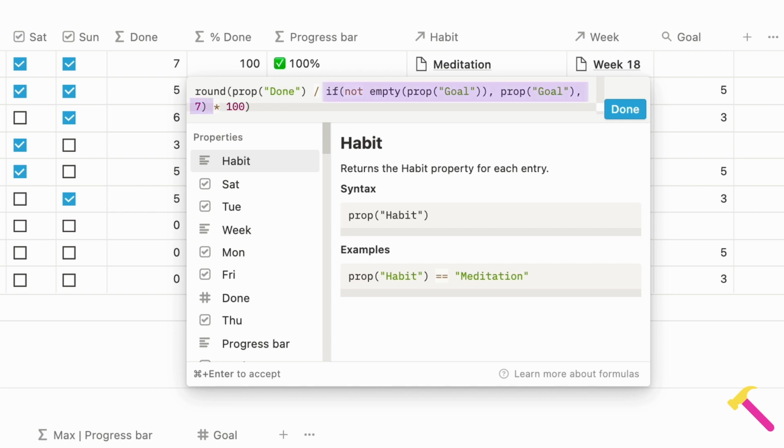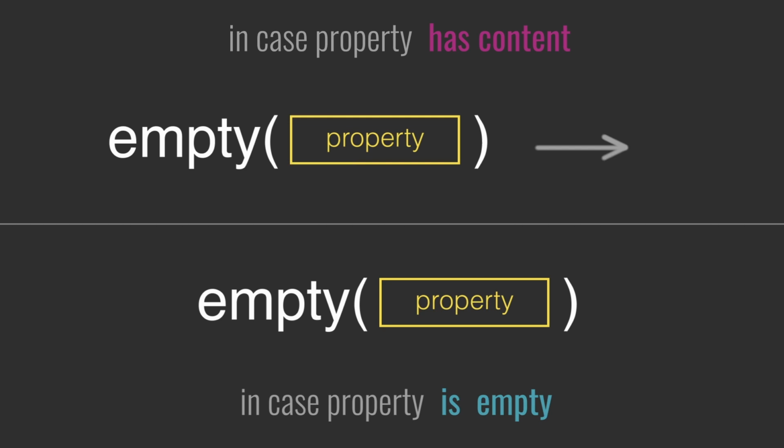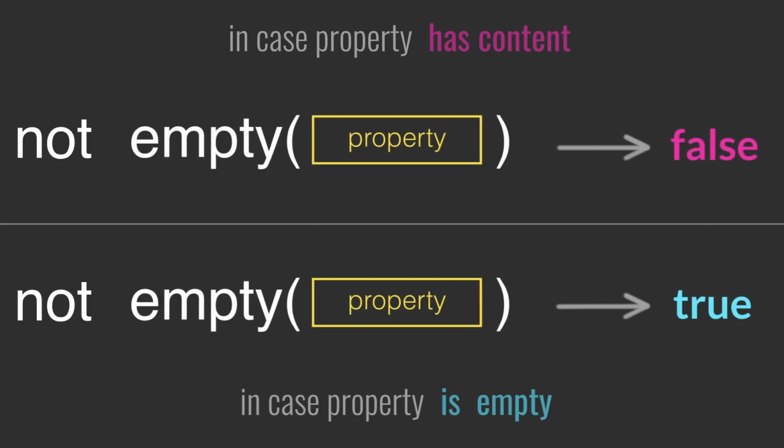Let's take a closer look at this new if statement. First of all, empty function is new for us. This function is pretty easy. You place link to any existing database property inside of the parentheses, and the function returns either false if the property has some content or true if not. If you add not operator to empty function, then result is the opposite.